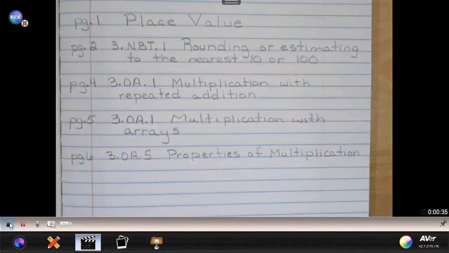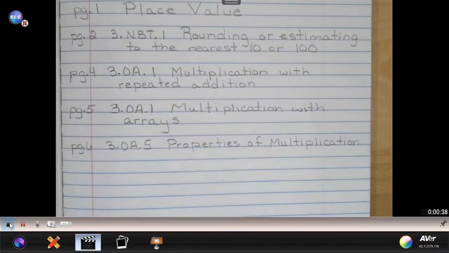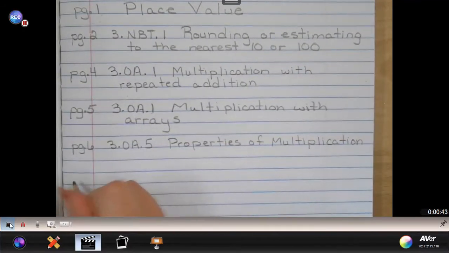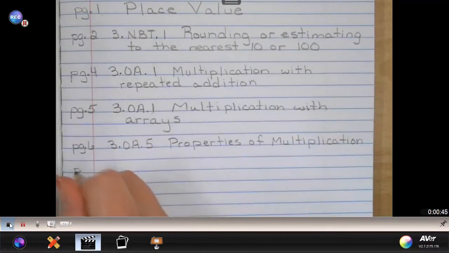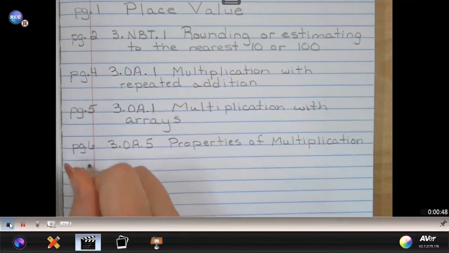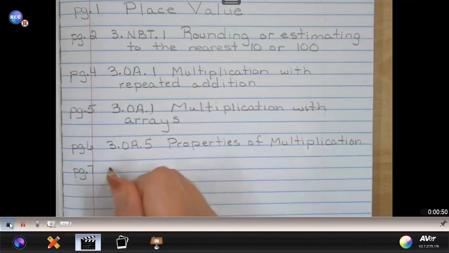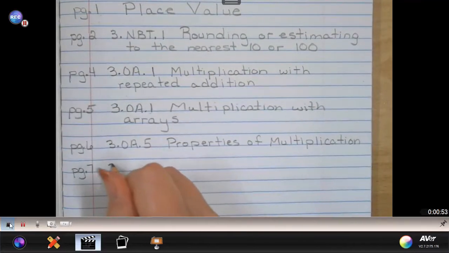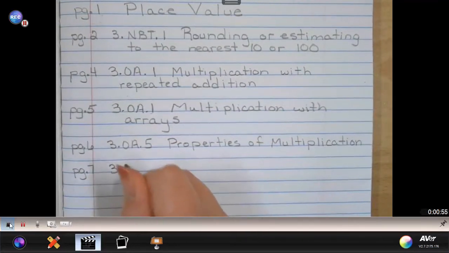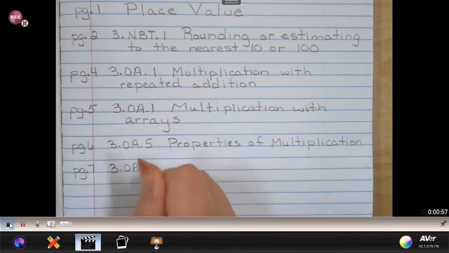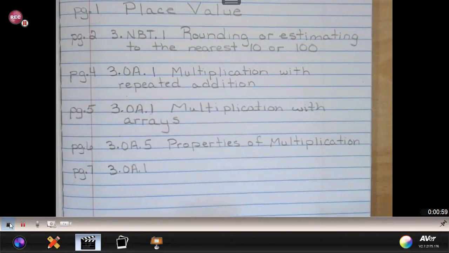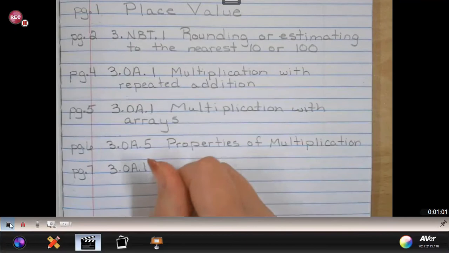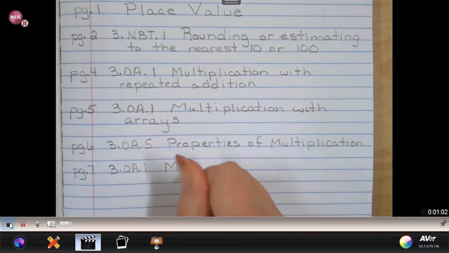If you remember, last time our notes were on the properties of multiplication, which was the commutative property. So today we're going to skip a line and add a page 7, 3OA multiplication with multiples.